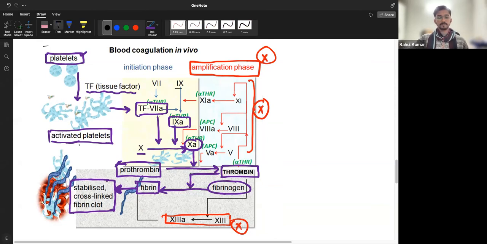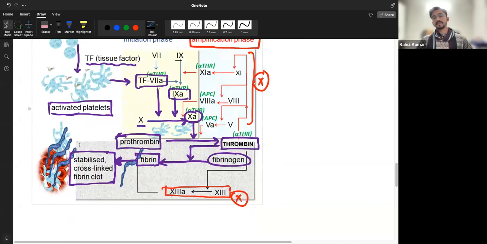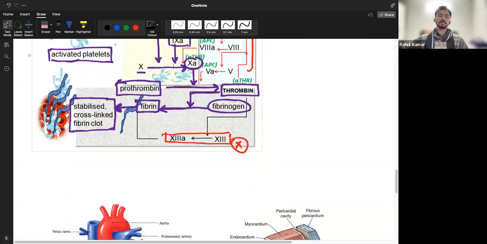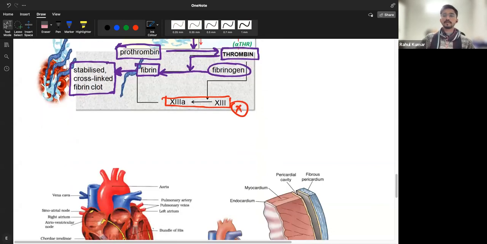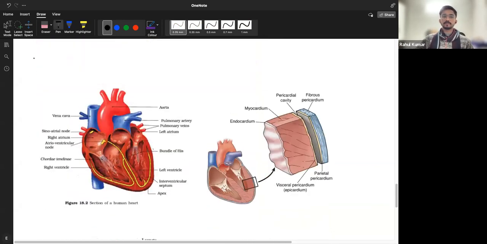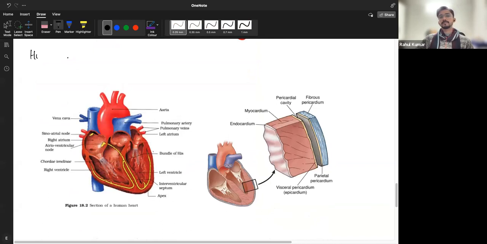Okay, great. So this was about blood coagulation in the body. Now I will come to the human circulatory system. We also name it the cardiovascular system. Cardio means heart, and vascular comes from blood vessels.